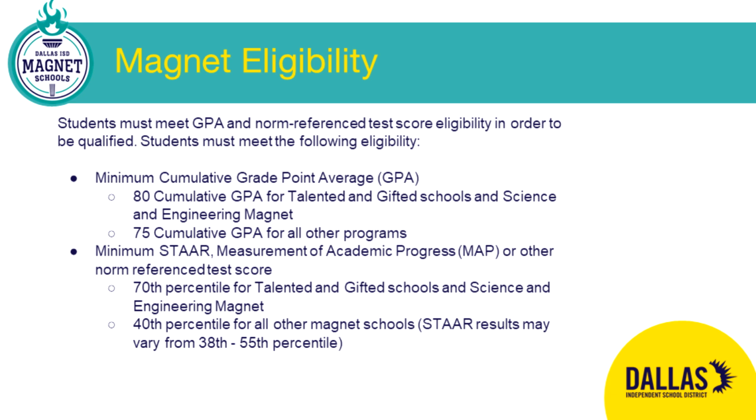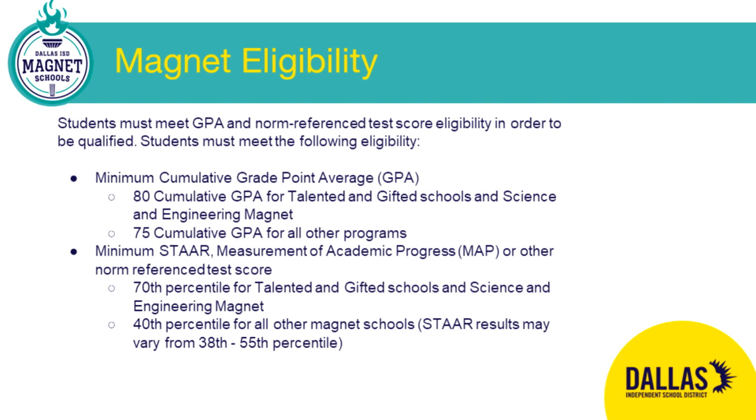They must meet a minimum STAR or MAP or any other norm reference test score. For TAG programs, it is the 70th percentile or above, and the 40th percentile for all other programs. Something to know is that this year, minimum requirements for STAR to be eligible range between the 38th percentile through the 55th percentile. It just depends on the grade that you are applying to.